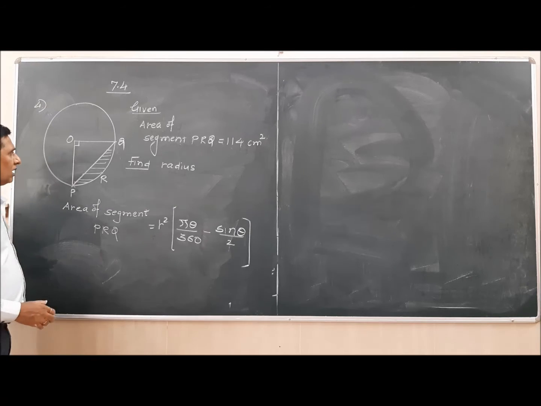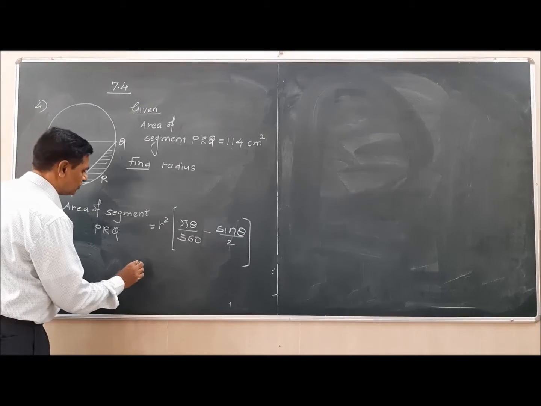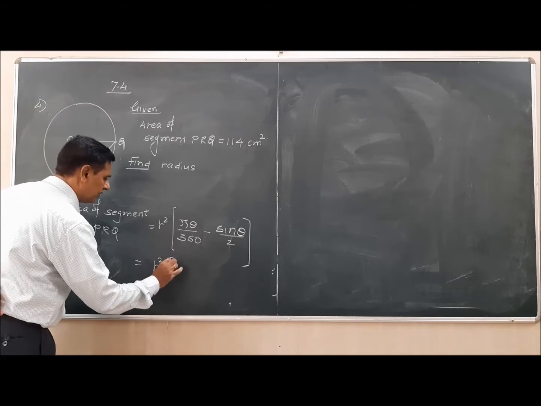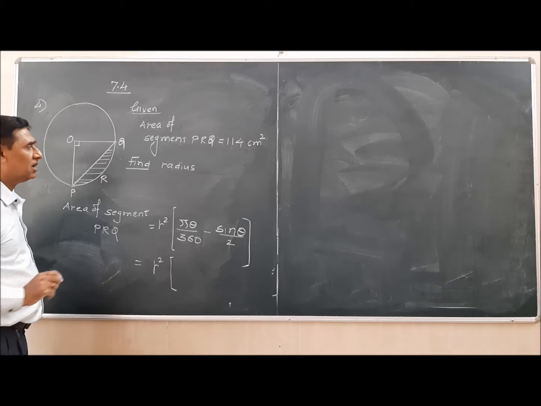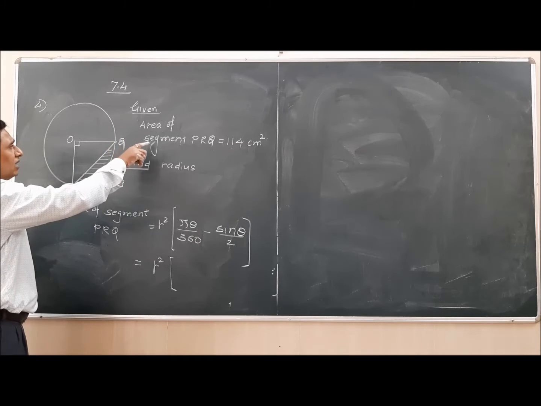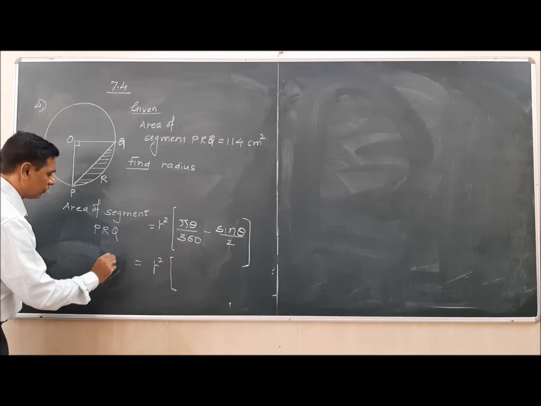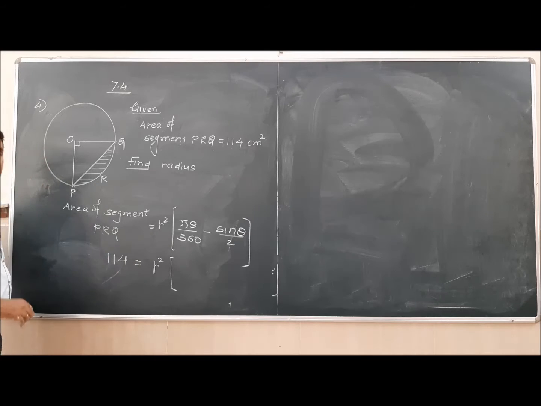Radius is not given at all. In this case we have to find out the radius. But they have given area of segment PRQ as 114. So I will take the value of area of segment as 114.